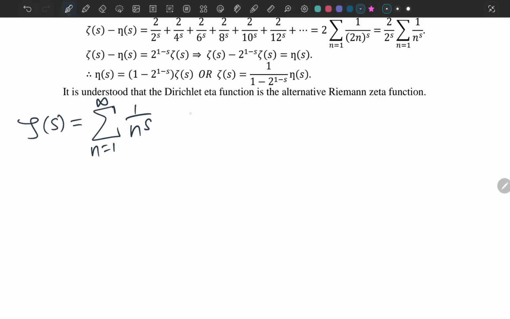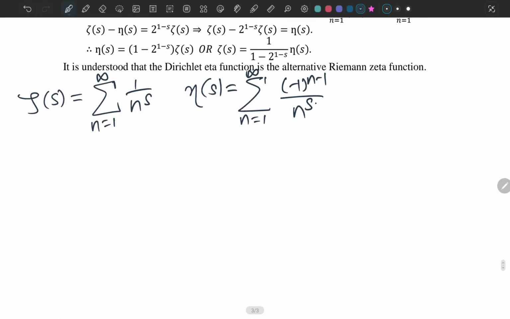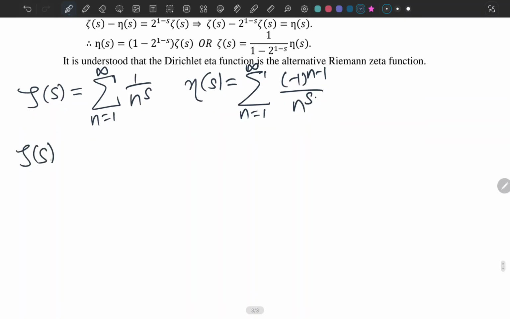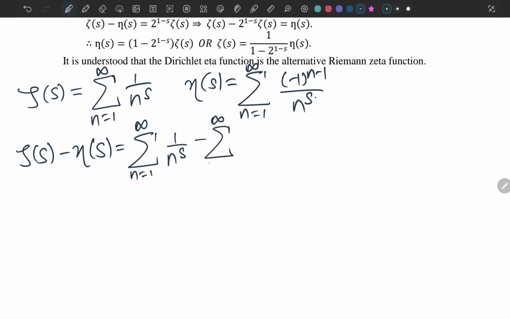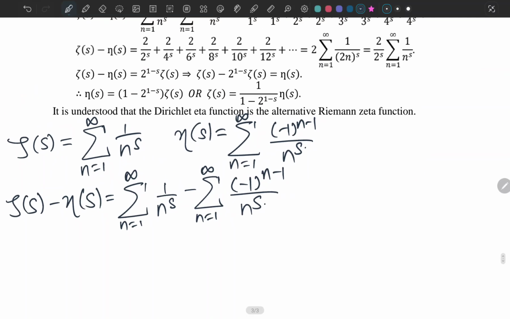And the Dirichlet eta of s is the infinite series as n goes from 1 to infinity of negative 1 to the n minus 1 over n to the s. And zeta of s minus eta of s is the infinite sum as n goes from 1 to infinity of 1 over n to the s minus the infinite sum as n goes from 1 to infinity of negative 1 to the n minus 1 over n to the s, right?